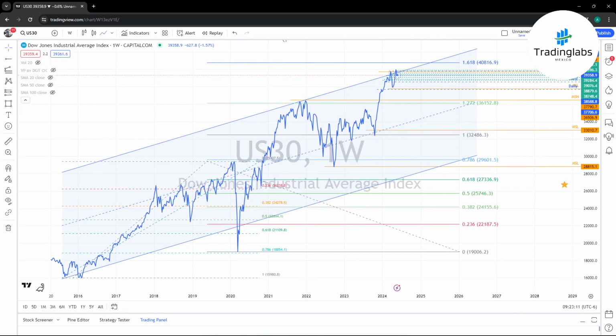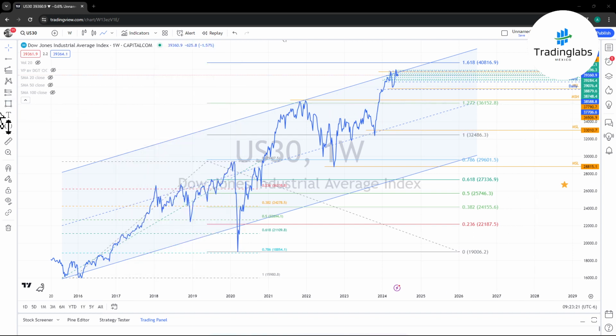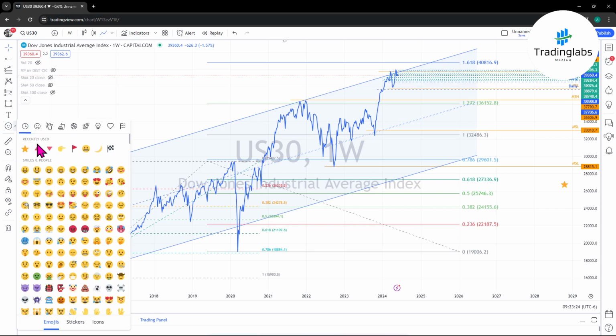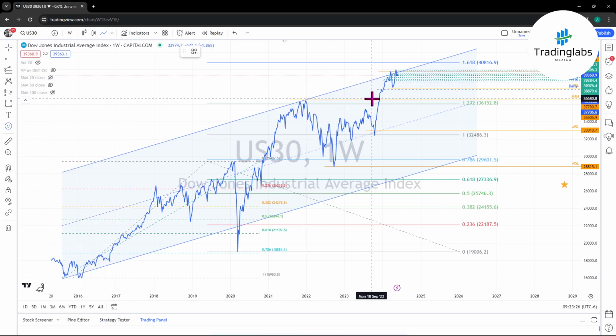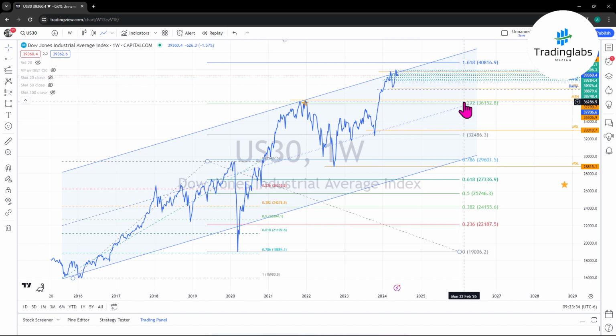So according to the Fibonacci extension, 127% is right over here. All right. So the Fibonacci extension did its job. It retraced to this area, Fibonacci retracement, and it reached the extension to the 1.272.